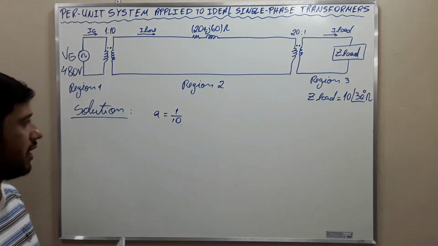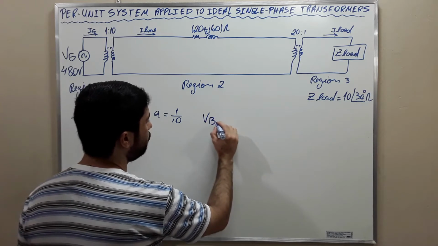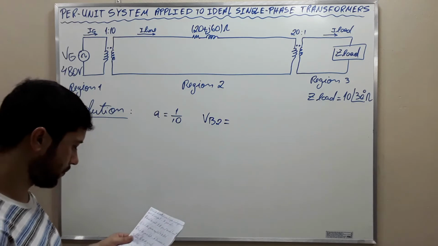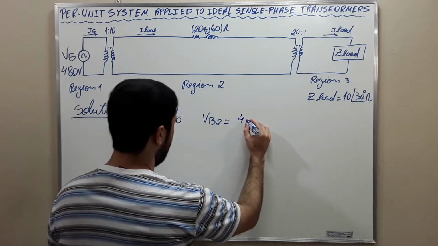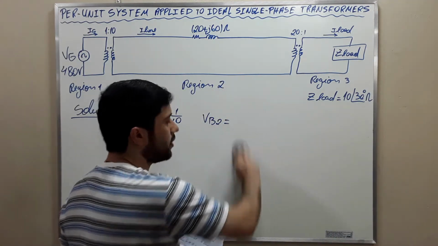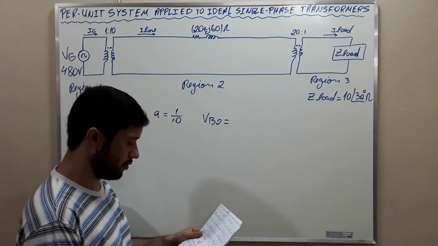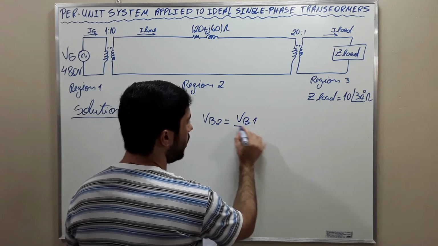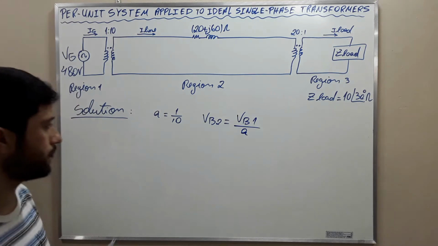Then the base value of voltage VB2 is going to be equal to, I'm going to explain it first before using the numbers, the base value of region 1 divided by the turns ratio.